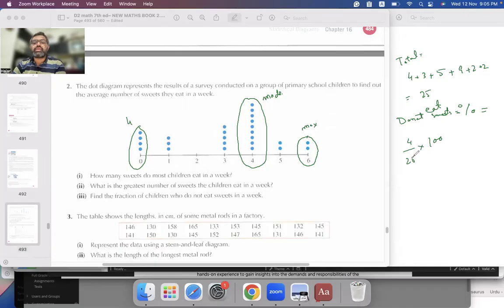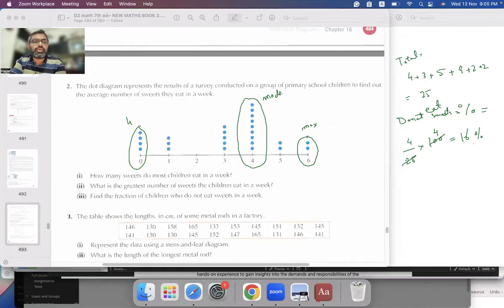Always when we have a fraction, simplify as much as we can before doing any arithmetic operations like multiplication or division. We can see 100 is divided by 25, so 4 times 25 is 100. We get 4 times 4 equal to 16. So 16%, don't forget the percentage sign. So 16% of the students do not eat sweets at all during the week.